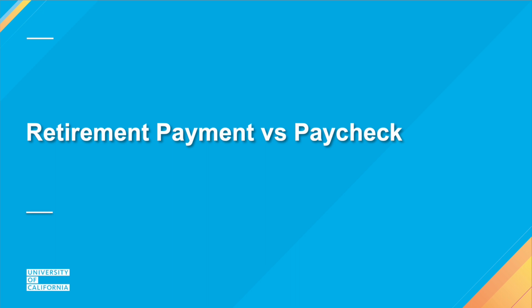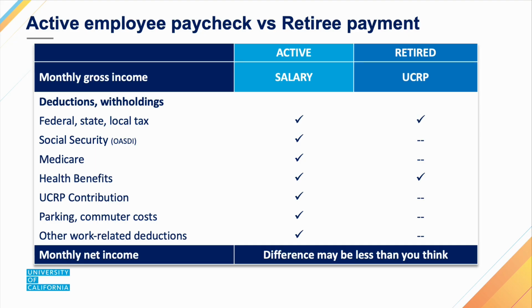Okay, so now that we've explained how the pension benefit itself is calculated, let's take a look at how your paychecks would compare to your retirement payment. So if you're a longtime UC employee, you might find that the amount of your retirement payment is really not that much different than your employment check. As an employee, there are a lot of deductions that are withheld from our paycheck.